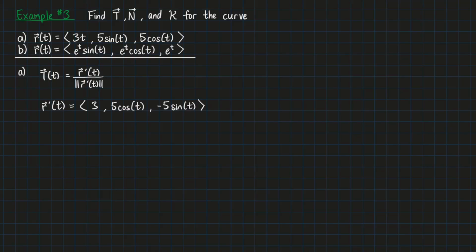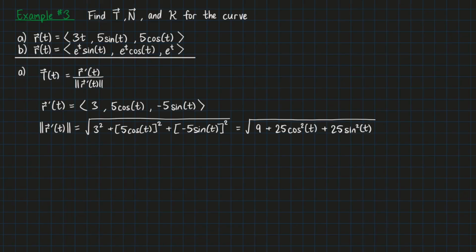And then its magnitude: square each component, sum them, square root the sum. We've seen this before. We can factor the 25 out, and we have cosine squared plus sine squared. Cosine squared and sine squared have the same argument inside, so this just becomes 25 times 1. So going back, we have 9 plus 25, or square root of 34.